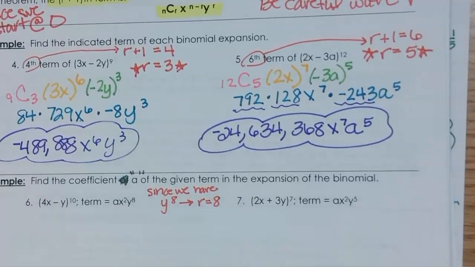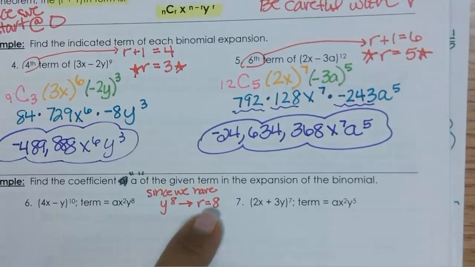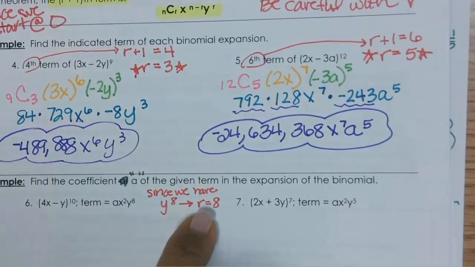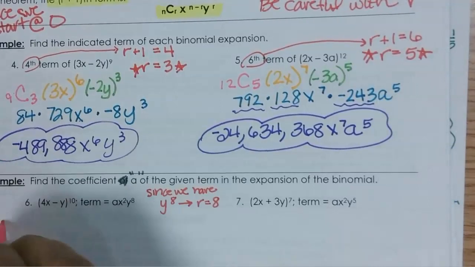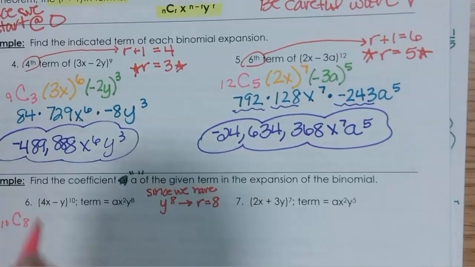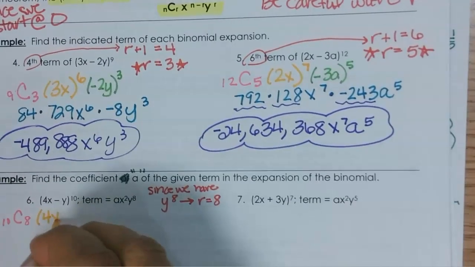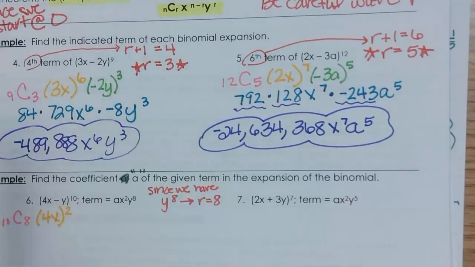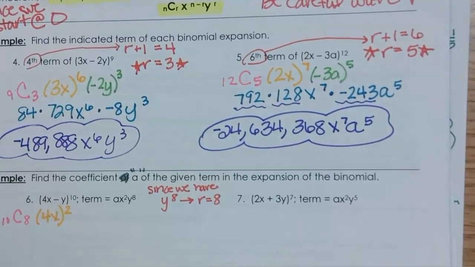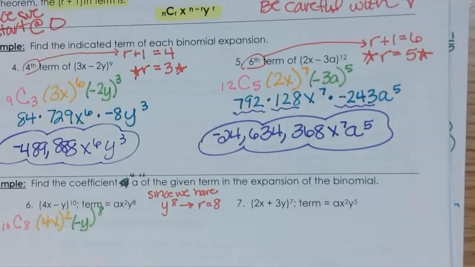And then we can use the same tactics up here. We want the term that ends up with a factor of y to the 8th in it. So I'm going to start here, and that's going to be 10c8. And then I have 4x raised to the 10 minus 8, so raised to the 2nd. And then I have negative y raised to the 8th.